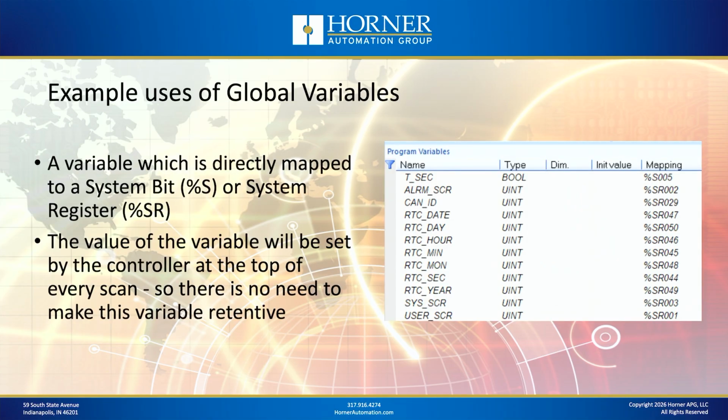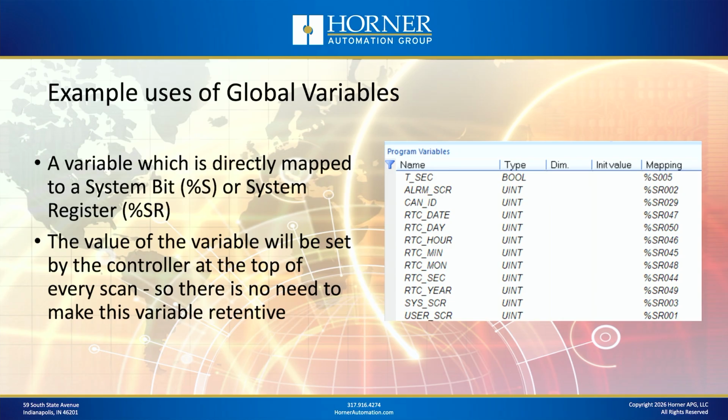Let's start out with a variable that you are creating, or maybe that's already created in the defaults of Cscape, which is tied to a system bit or a system register. These are things like always on, always off, the real-time clock values. Maybe you want to have a variable that's tied to the X and the Y coordinate where the operator just touched the screen.